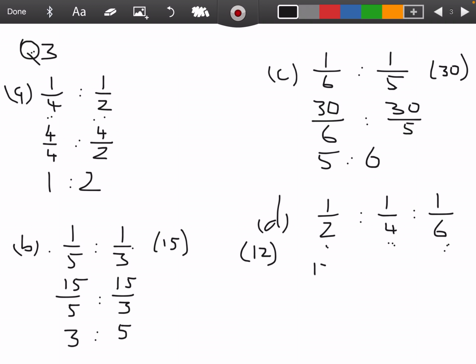So I end up with 12 over 2, 12 over 4, and 12 over 6. And then I do quick divisions to finish that off. 6 is to 3 is to 2. And that's my lowest ratio I can get for there.